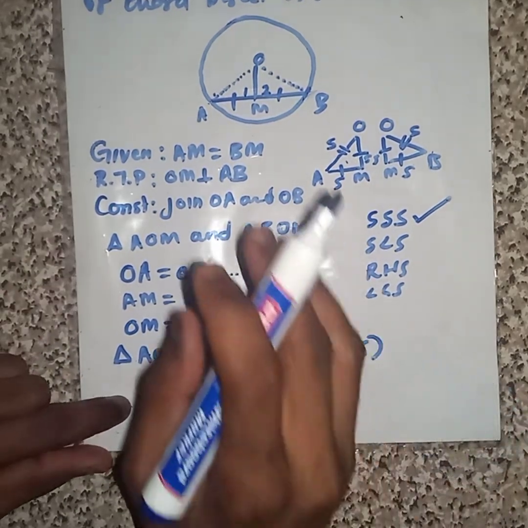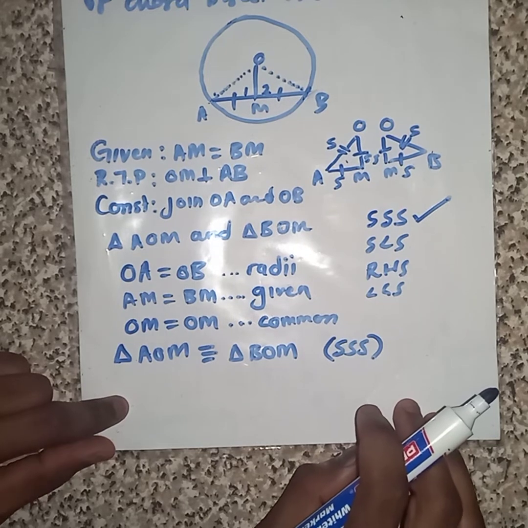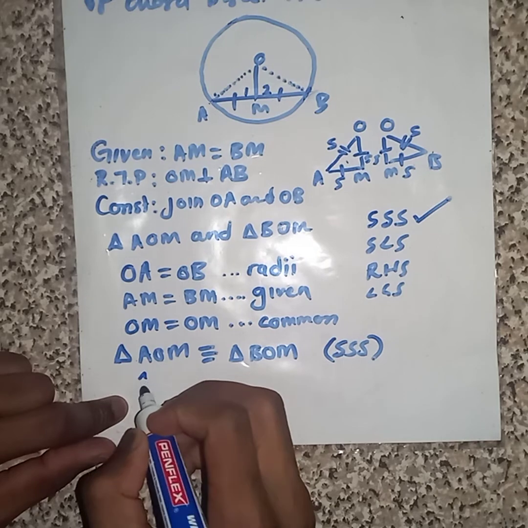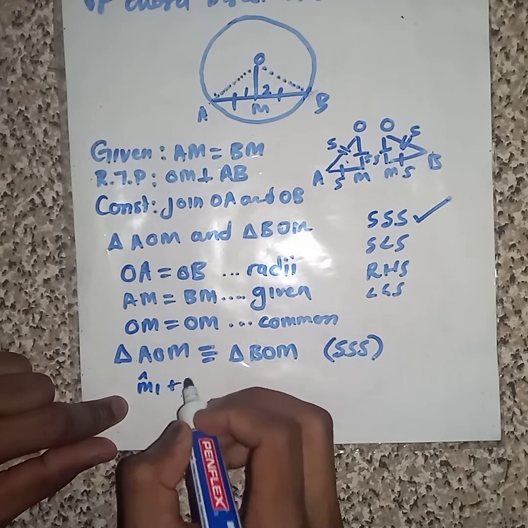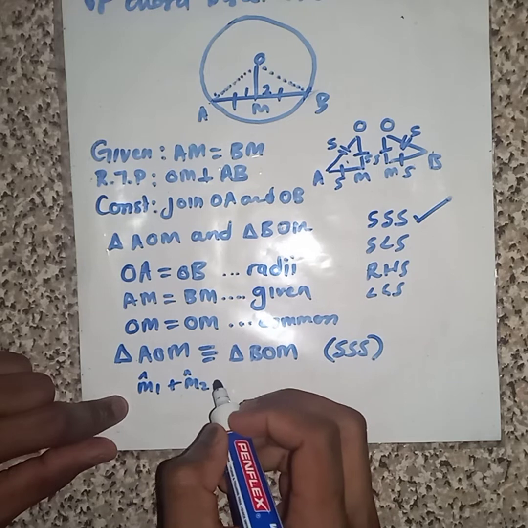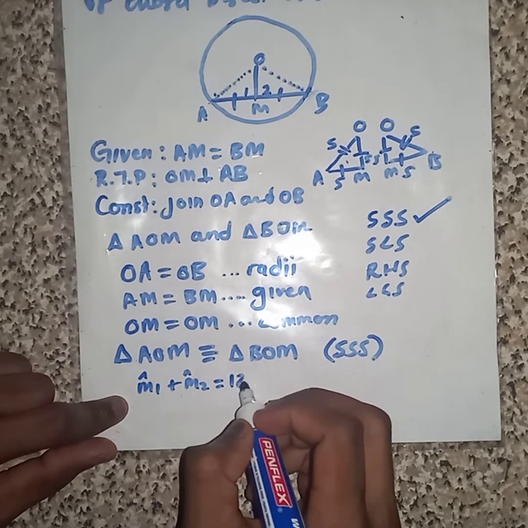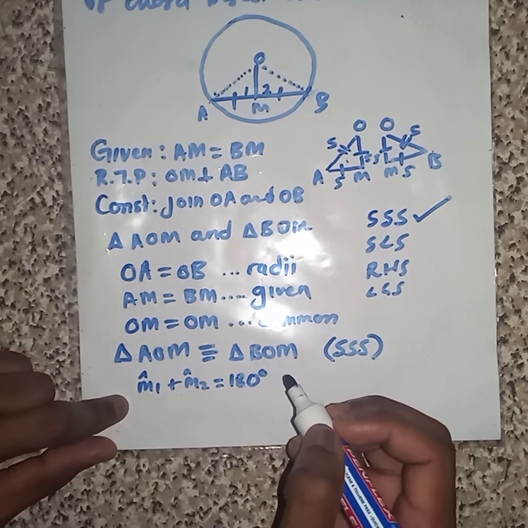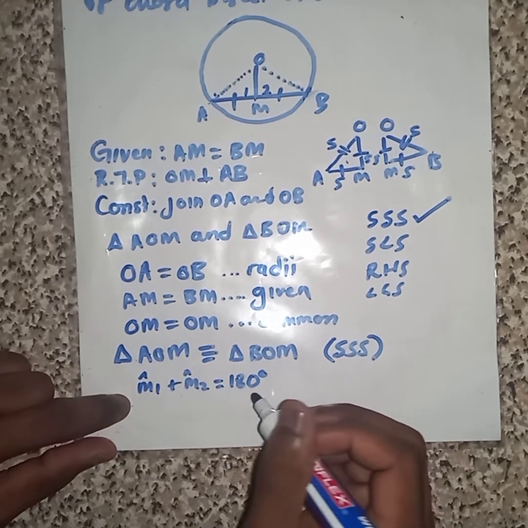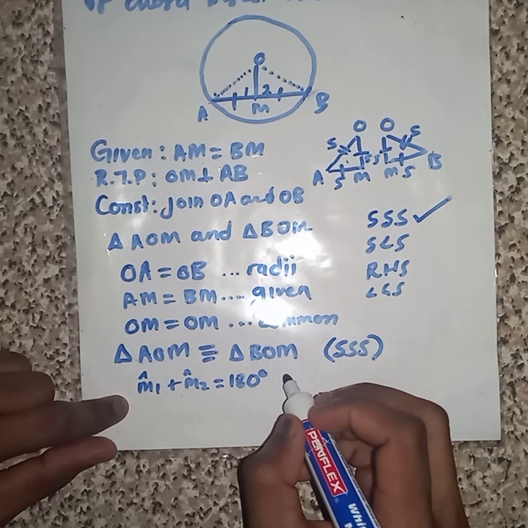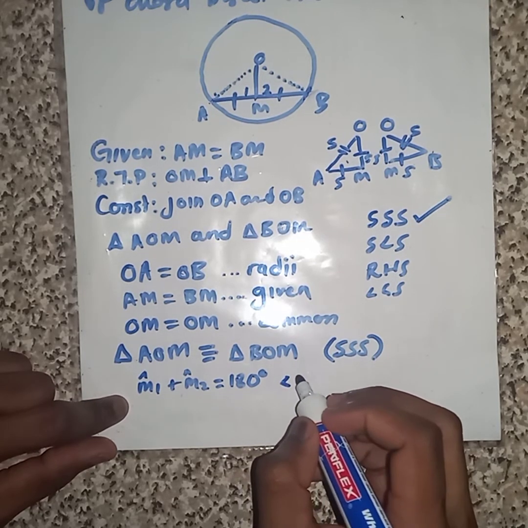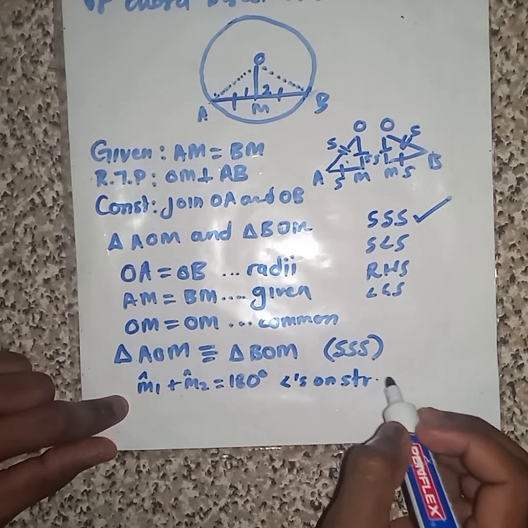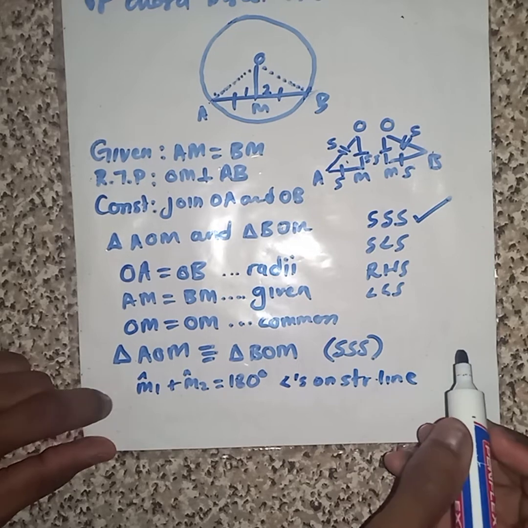From our given diagram, we can clearly see that angle M1 together with angle M2, when we add them, we must get 180 degrees. The reason for this: angles on a straight line. See? It's true.